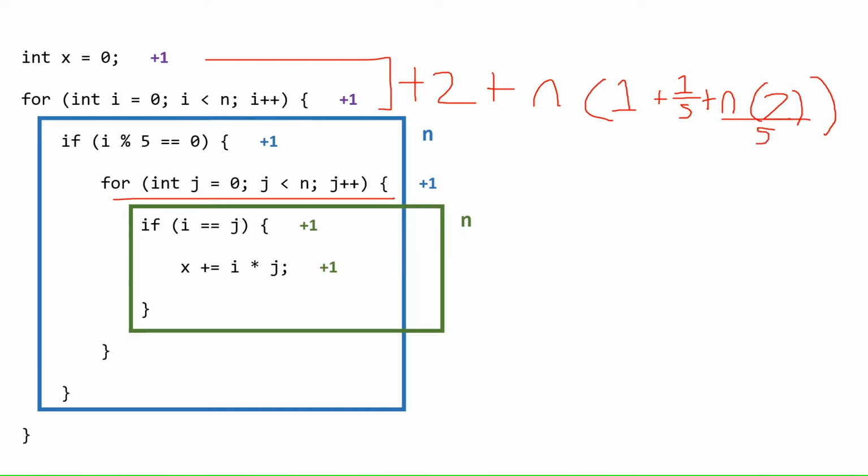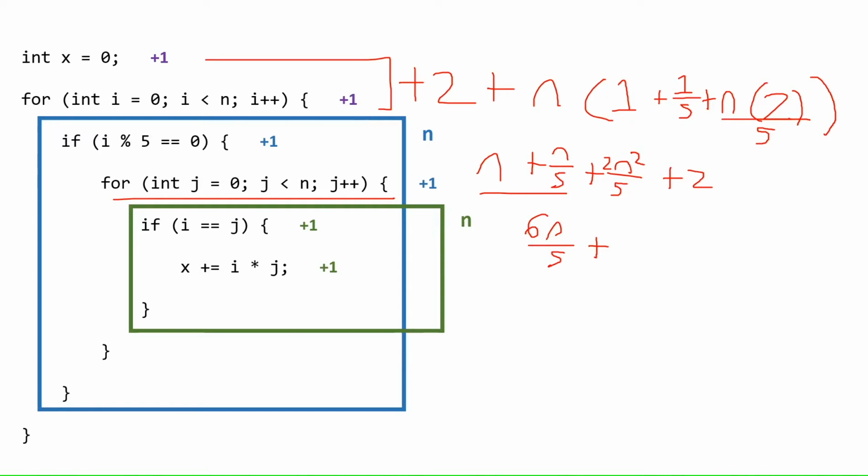So let's simplify our equation. So we get n plus n over 5 plus 2n over 5, and then plus 2 at the end. And then we can combine these terms and get 6n over 5 plus, oh, my mistake, this should be 2n squared.